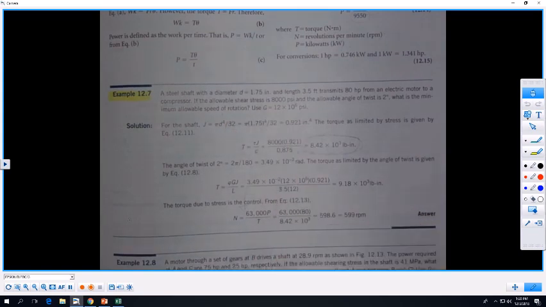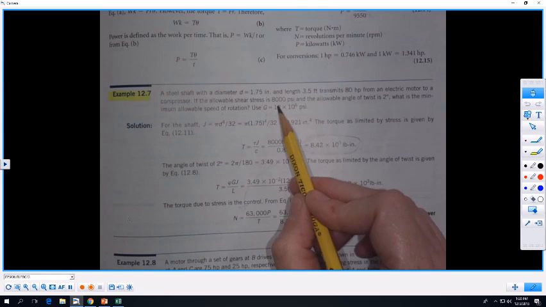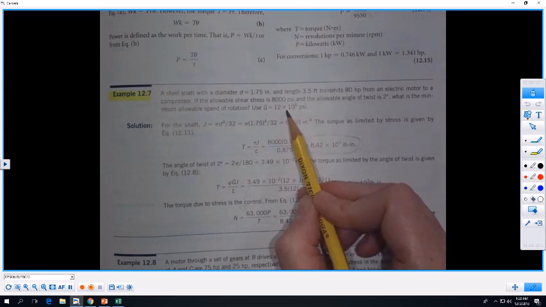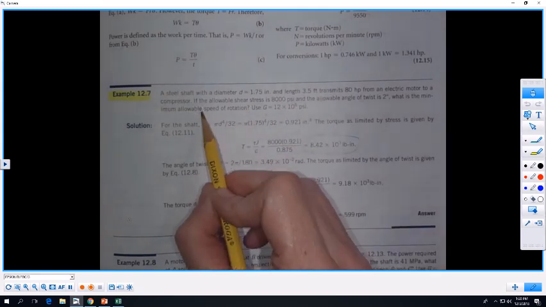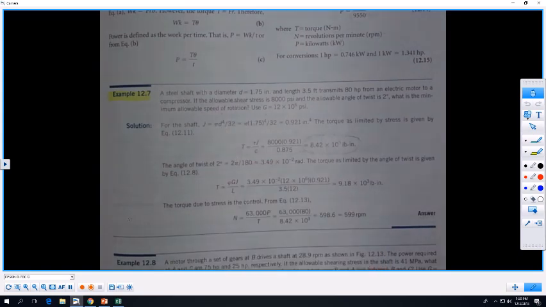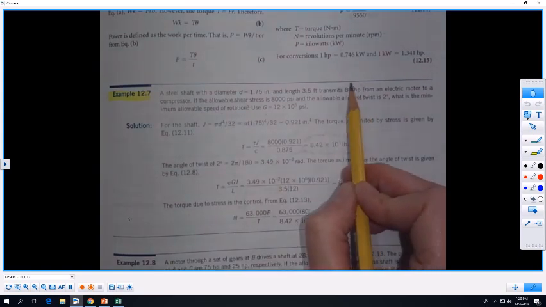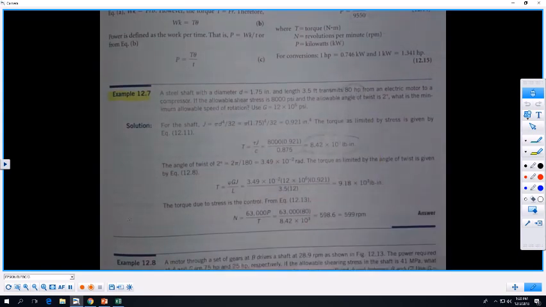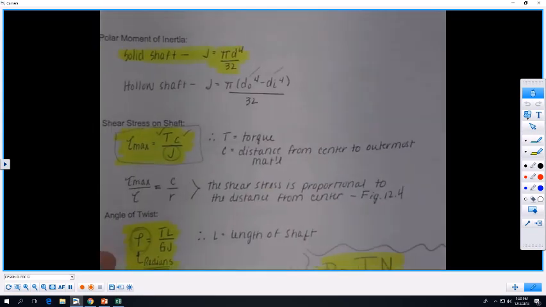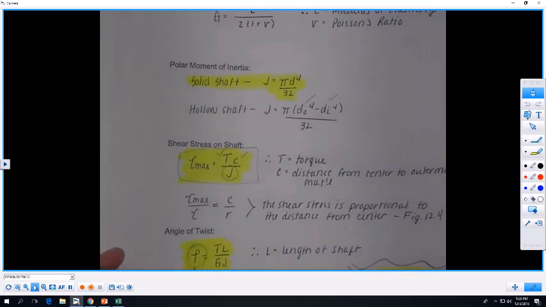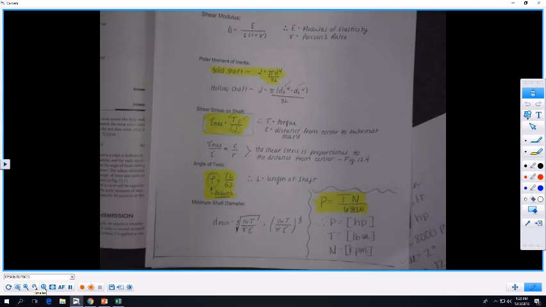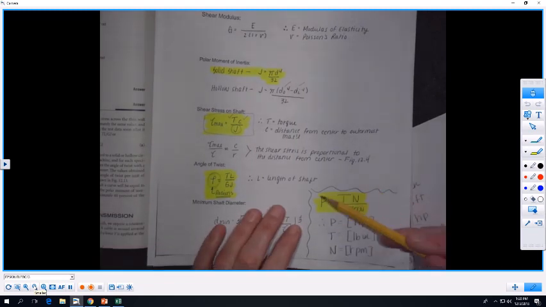So G, the shear modulus, is 12 times 10 to the 6th. So we're trying to find our speed of rotation. We're given horsepower, okay? So as we look at that equation sheet that reviews all those equations for chapter 12, we're actually going to be starting down in the corner here.